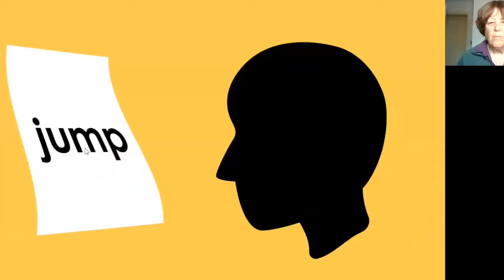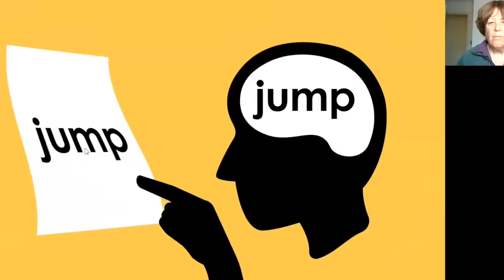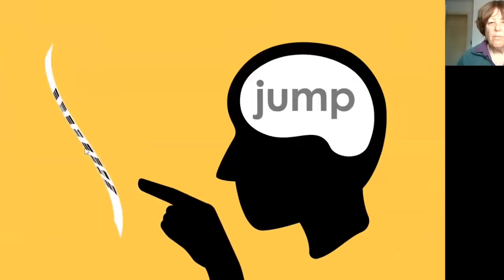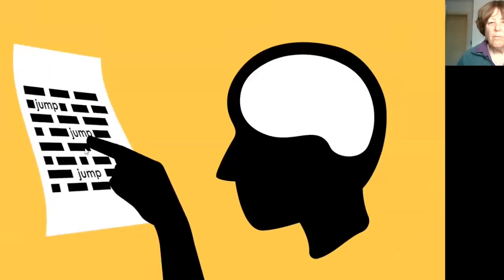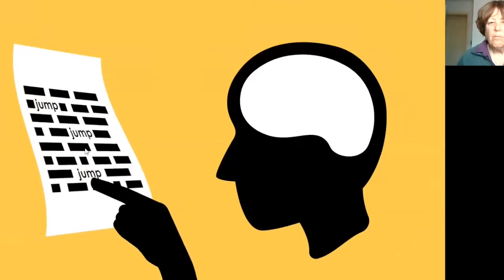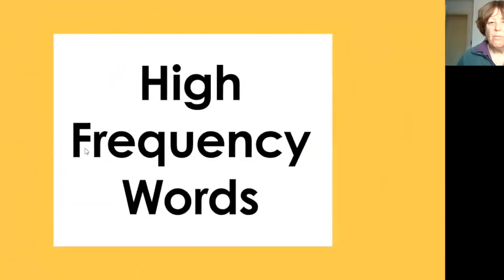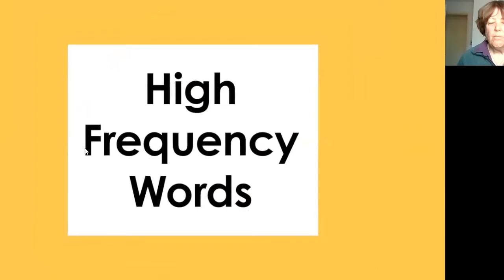The evidence is very clear that the way to get a word anchored into our sight word memory is through decoding. Once we decode a word successfully several times, it sticks in our brain, where we can recognize and retrieve it effortlessly. High-frequency words are often the first words we strive to anchor into our students' sight word memories.